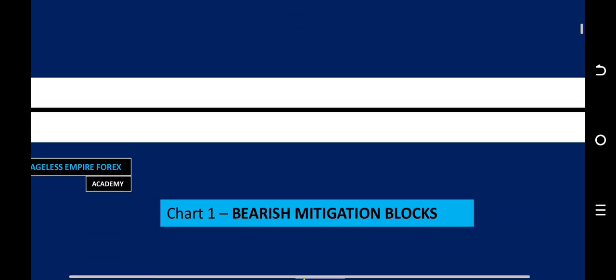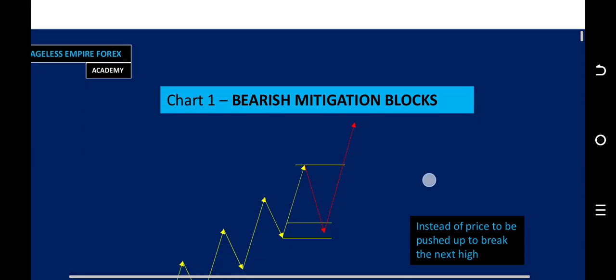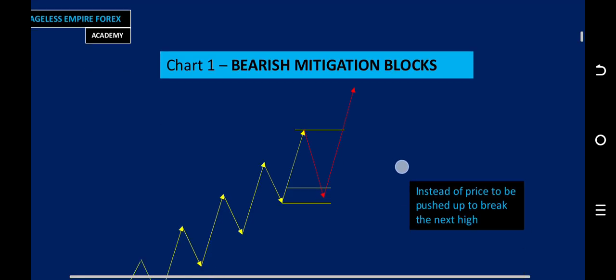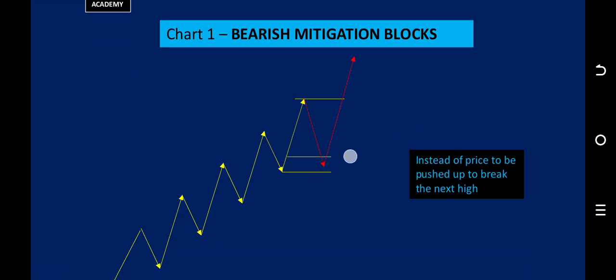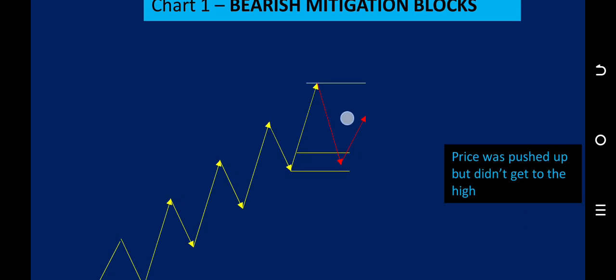Now let's look at this. In a situation whereby price goes to that place and pushes up, that simply means this order block is valid. But if it happens that price got to this order block, and this order block has the strength to push price up but never took out this high, you can see this order block is trying to push price upward to take out this high, but along the line it couldn't push further, so it only stopped here.